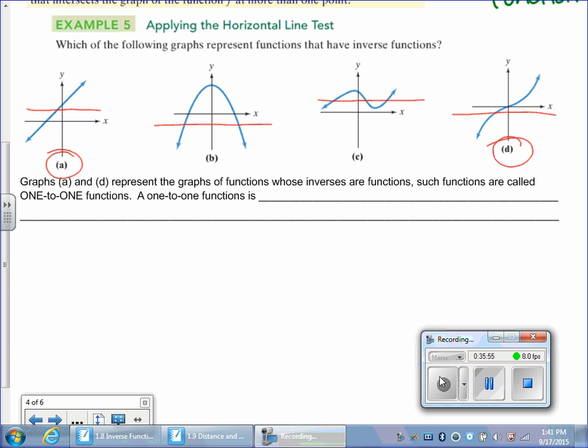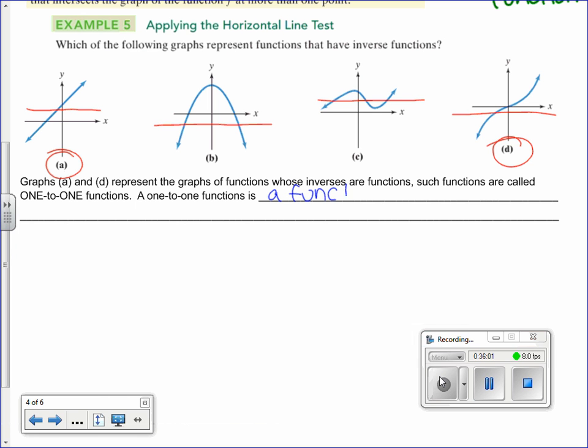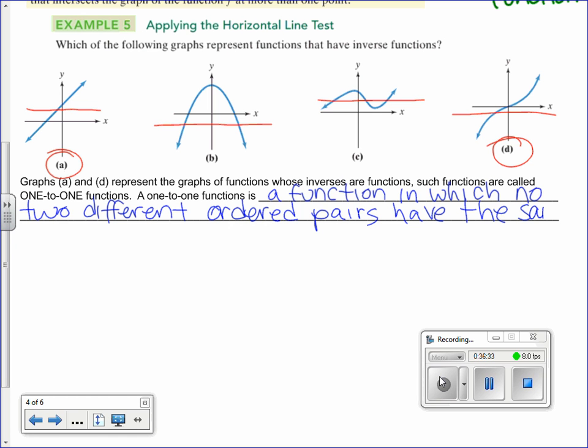A one-to-one function is a function in which no two different order pairs have the same second component.